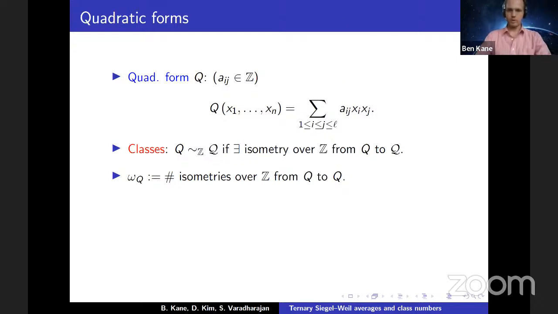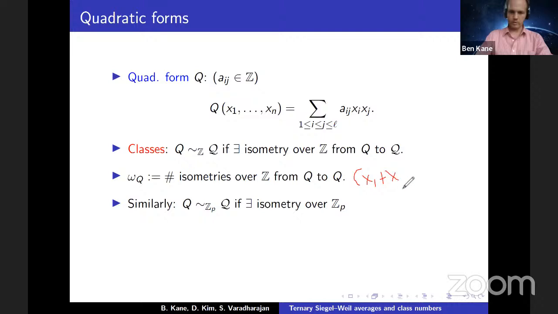So for example, a really simple example: (x1 + x2)^2 + x2^2 is essentially the same as x1^2 + x2^2, because I can just do an invertible change of variables over the integers to go from one to the other.